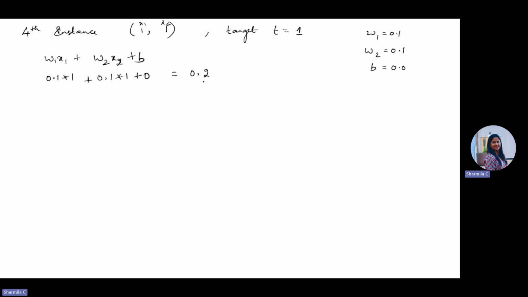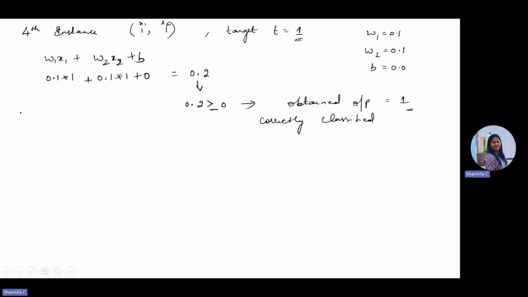So what is the answer we'll get? It is 0.2. Since 0.2 is greater than or equal to 0, the obtained output is 1, which is correctly classified, because the target output is equal to the obtained output.